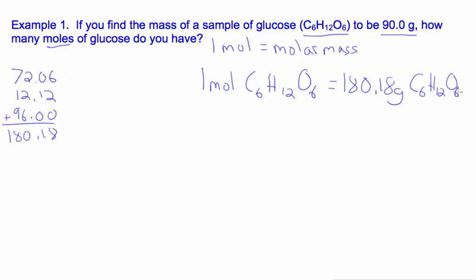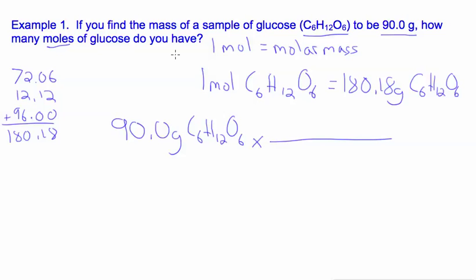We start by writing down what we know: 90.0 grams C6H12O6. It might seem redundant to keep writing the molecule, but towards the end of this chapter we're going to be changing from one molecule to another, so it's good to get in the practice of doing it that way now. And because we're converting units, we're going to multiply by a conversion factor.